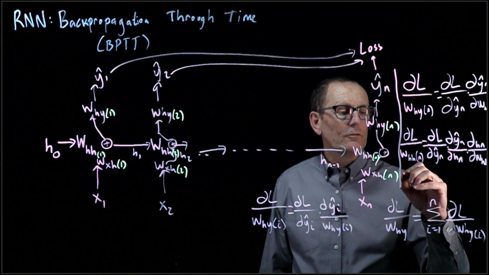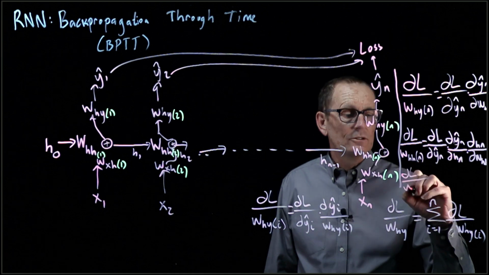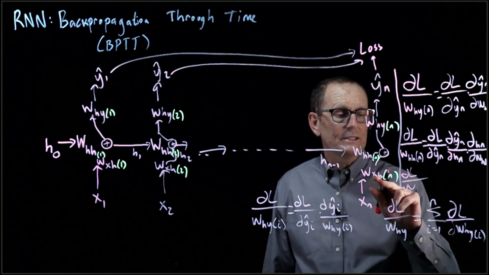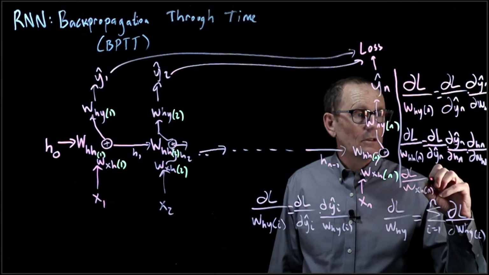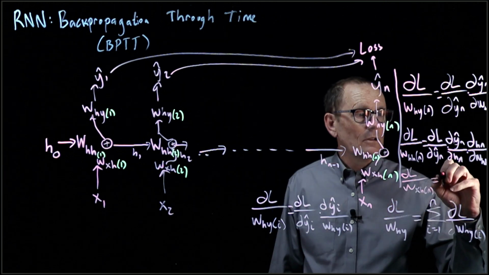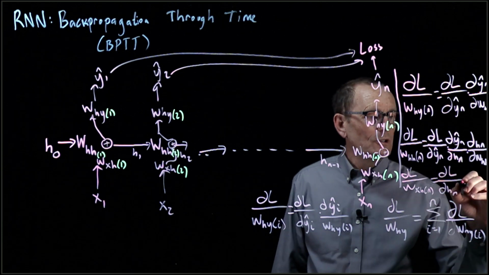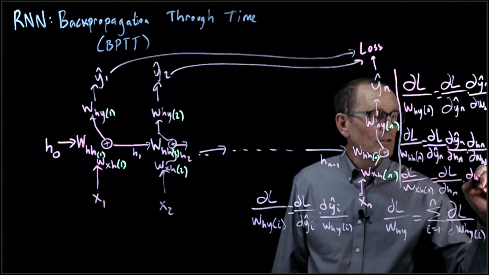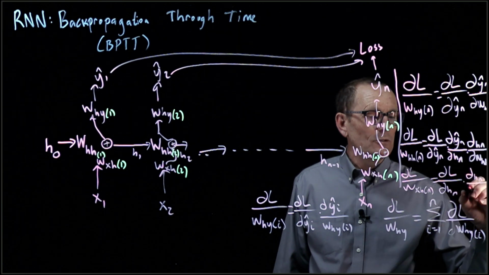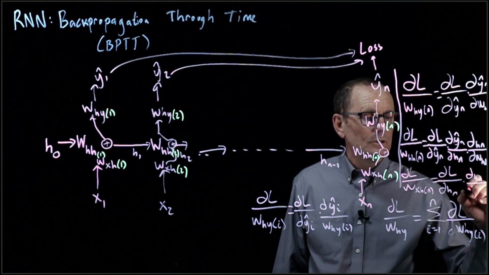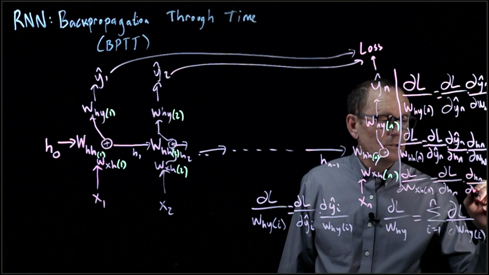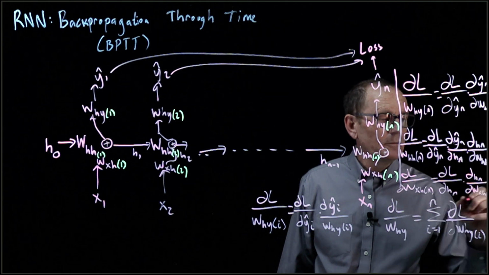If we look at the partial derivative of L with respect to WXH, that's the partial derivative of L with respect to h sub n, right, which are these two, times the partial derivative of h sub n with respect to WXH of n.